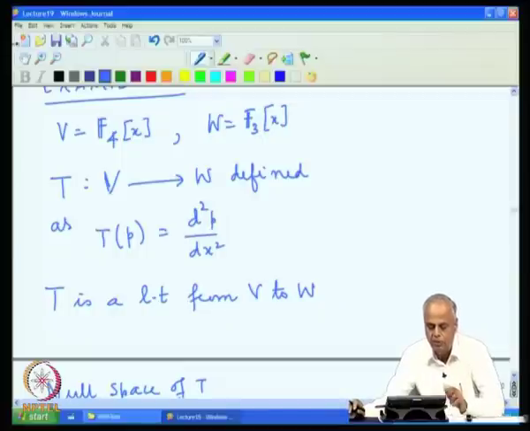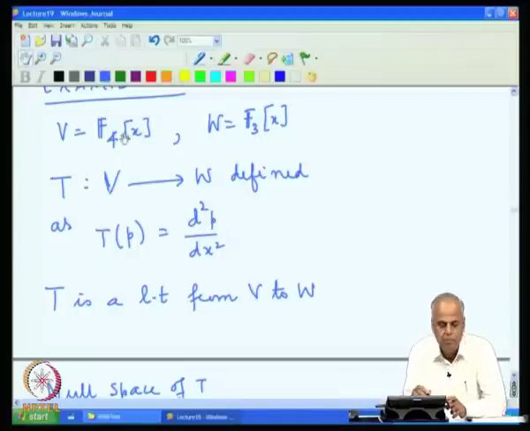We have that n is 5 in this case, because of F4x, and m is 3.